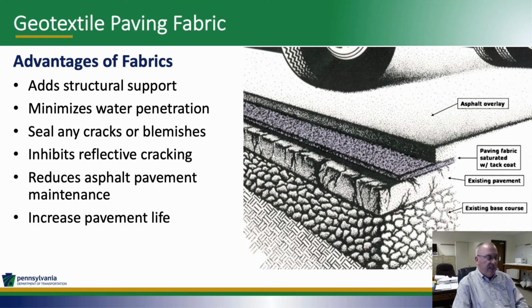The fabric acts as a stress-relieving interface that retards reflective cracking. Fabrics can also be an adhesive bonding material by providing uniform bonding between the old and new asphalt layers. Fabrics come in varying weights or thicknesses for varying degrees of maintenance needs.